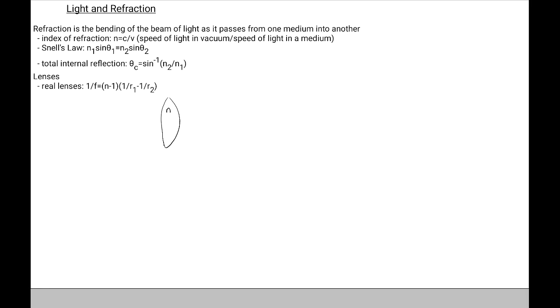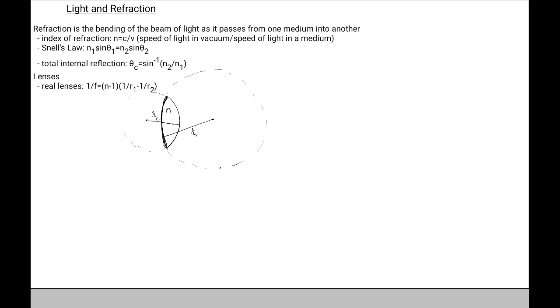Then let's say that the radius of curvature of this surface is r1. So let me find the center of curvature. So this would be r1. And then the center of curvature of this other surface would be here, so then that would be r2.